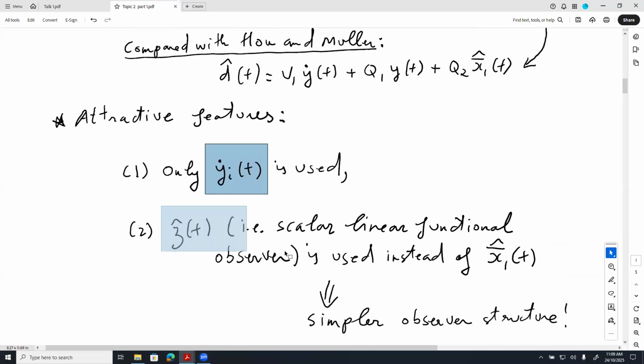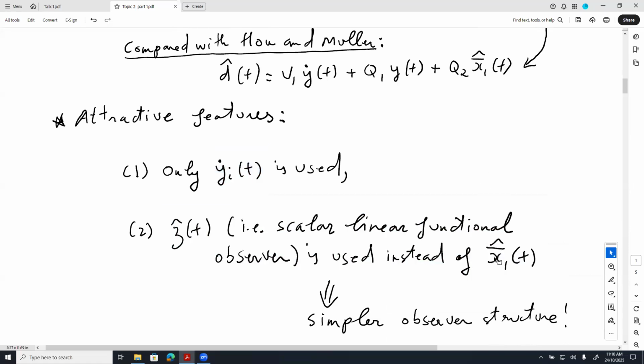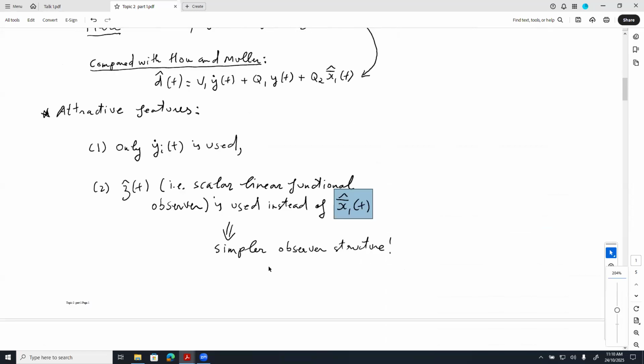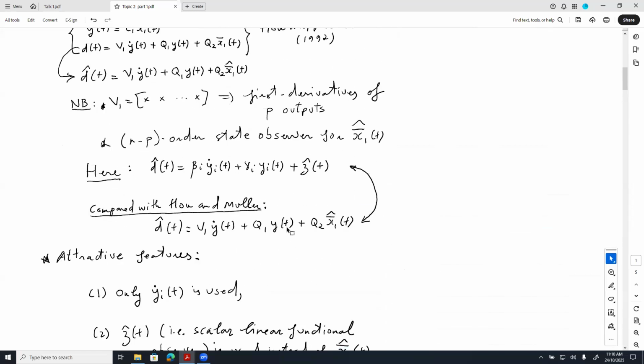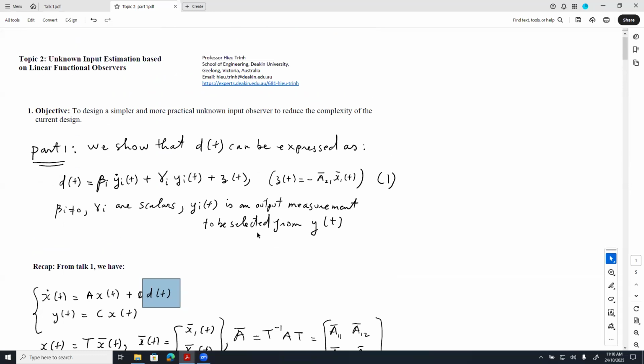We design a scalar functional observer, which is known to give us a much simpler, reduced order structure, instead of estimating the entire stack vector x1 bar of t. As a result, we can have a much simpler unknown input observer to asymptotically estimate the unknown input. So that's what we're going to do in this topic.